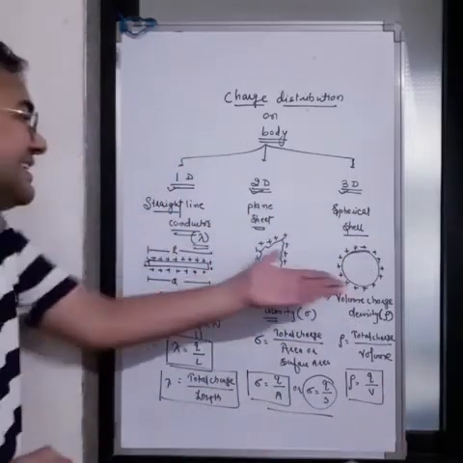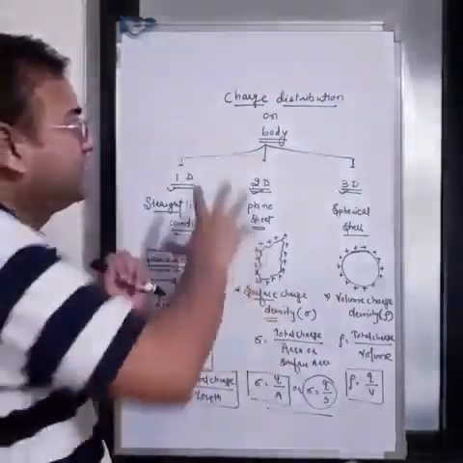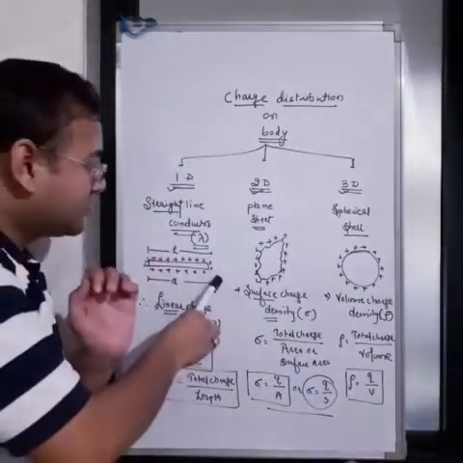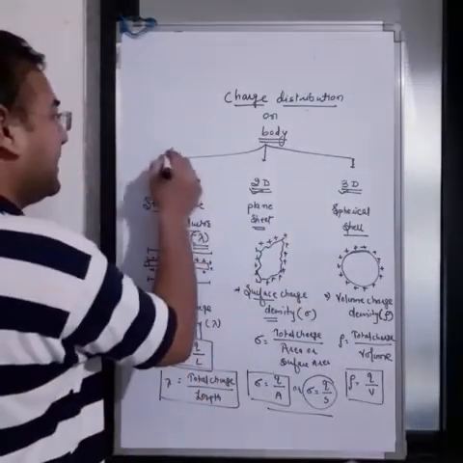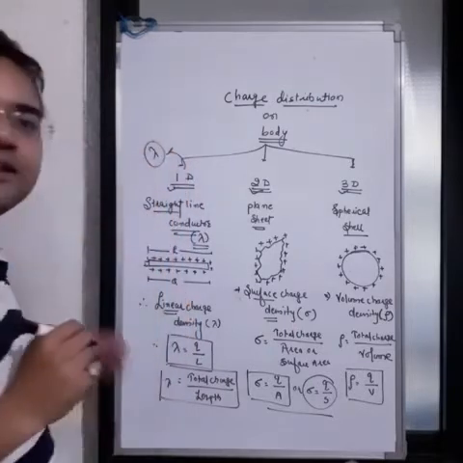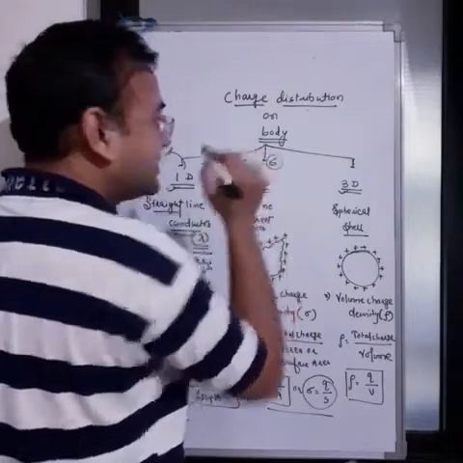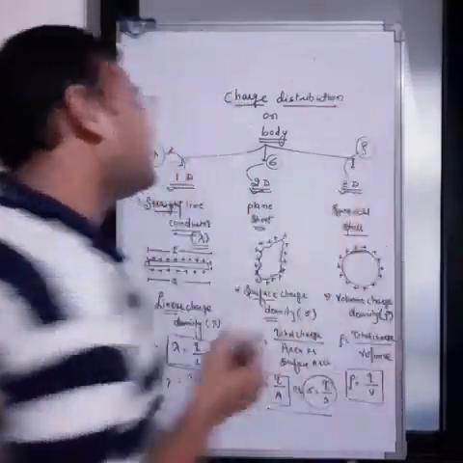So students, see, we have a compilation of charge distribution on three different types of body: 1D, 2D and 3D. In case of 1D, it is denoted by linear charge density lambda. Here it's denoted by sigma, surface charge density, and here by rho, volume charge density.